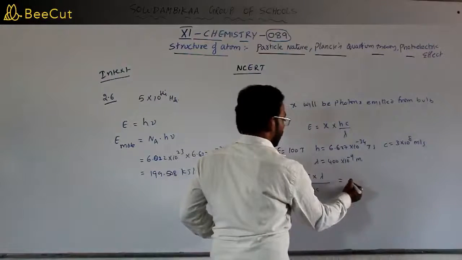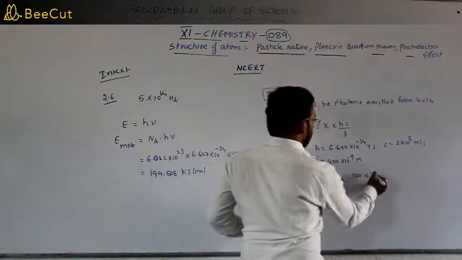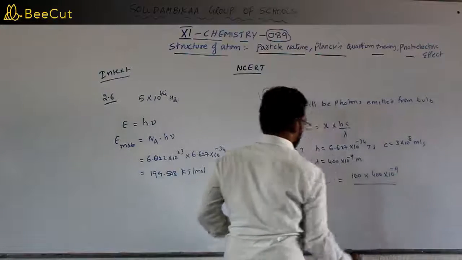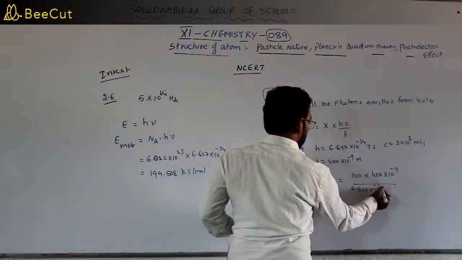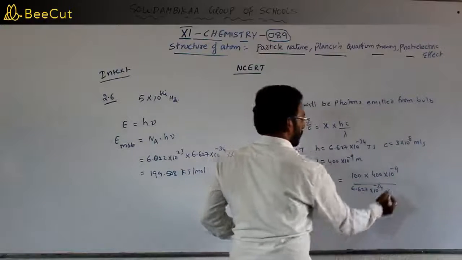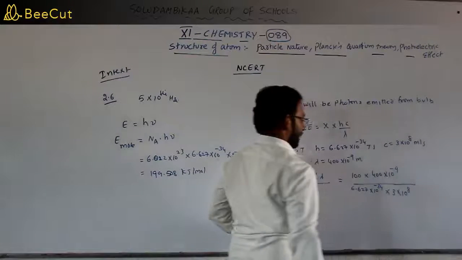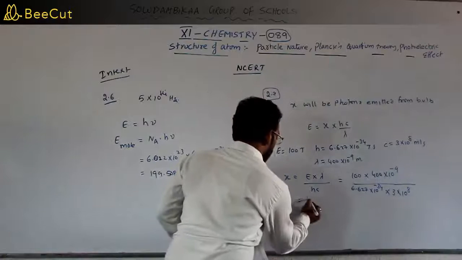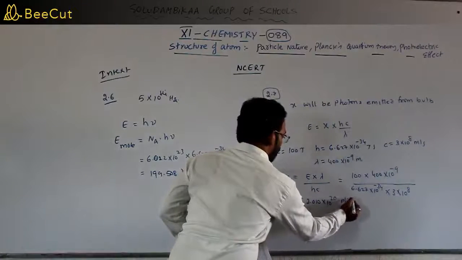E is 100 joules into lambda 400 into 10 power minus 9, divided by h 6.627 into 10 power minus 34 into 3 into 10 power 8. Upon calculation we will get 2.010 into 10 to the power of 20 photons.